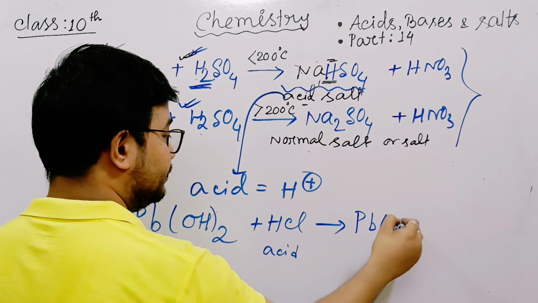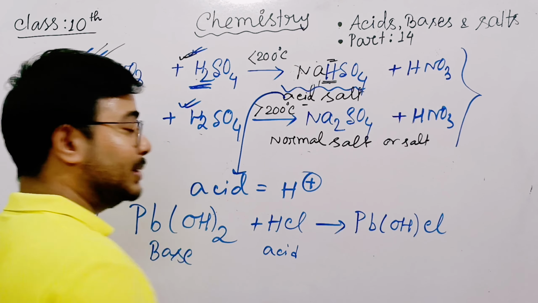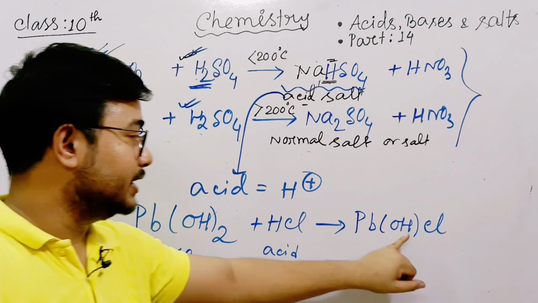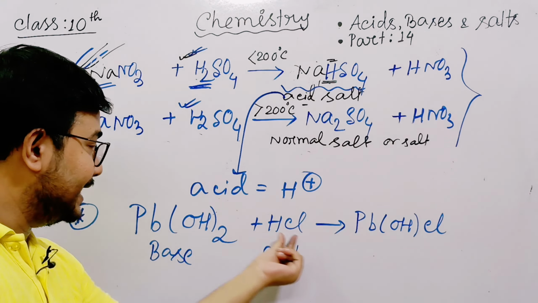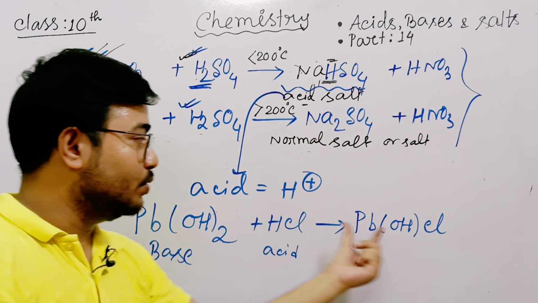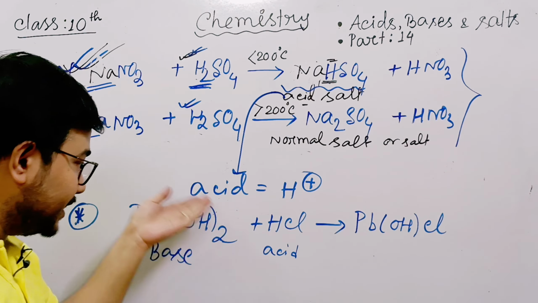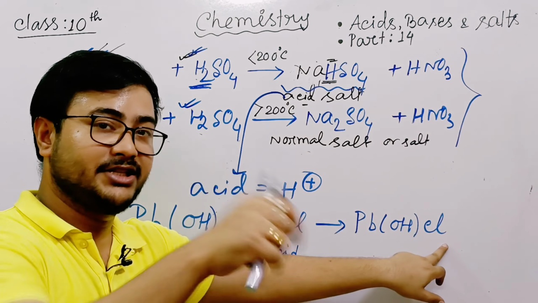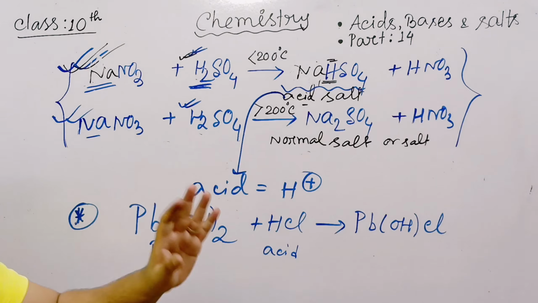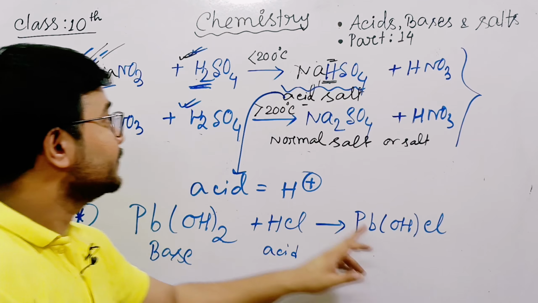But if I write Pb(OH)Cl, look at the board. How many OH here? Previously it was 2 OH, now 1 OH. Why? Because the chlorine replaced another OH. Chlorine enters and removes this 1 OH. Give focus and tell me the answer.